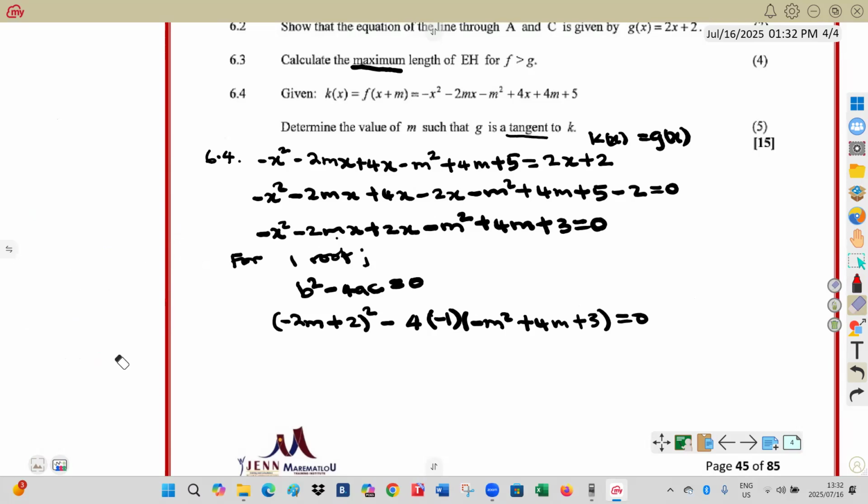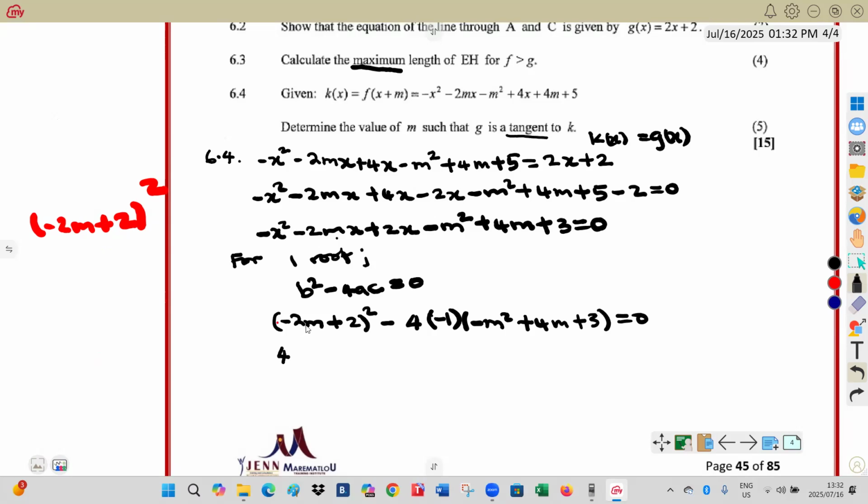So you now have to substitute. We are having minus 2m plus 2 squared there. You have to simplify that using your algebra. So when it's simplified, it becomes 4.